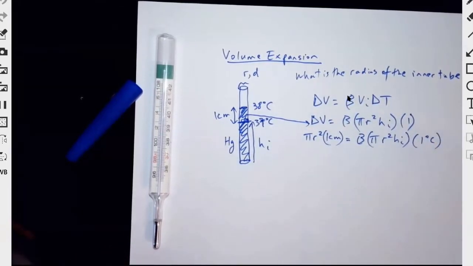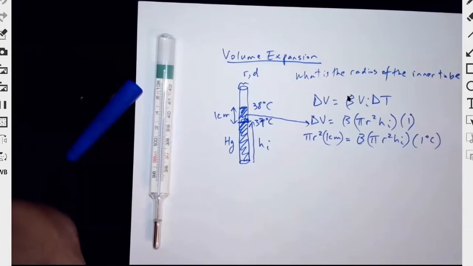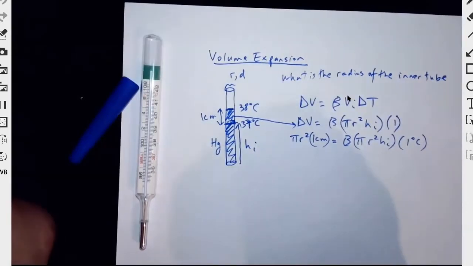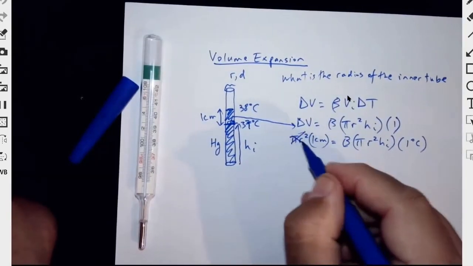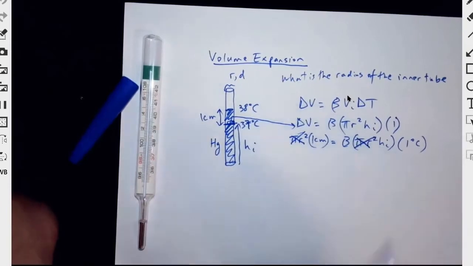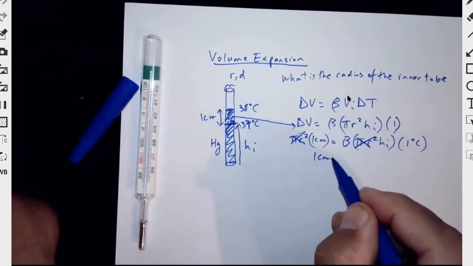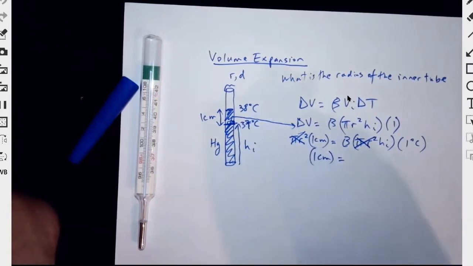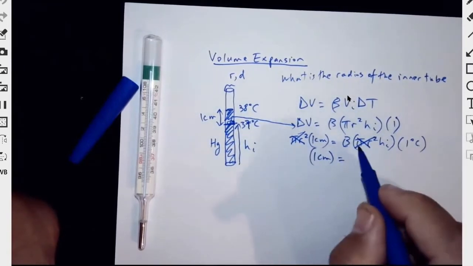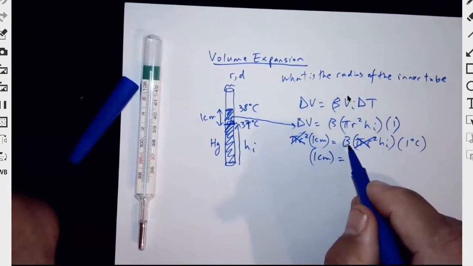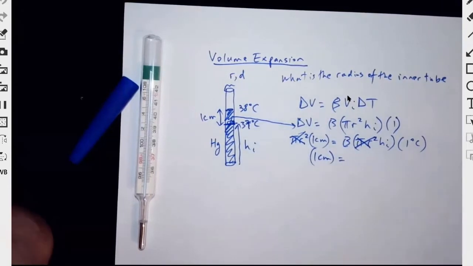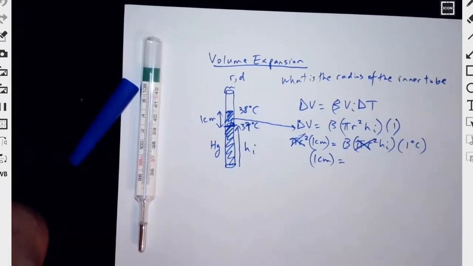That is 1 centimeter. So then this one cancels this one, right? And then you have here 1 centimeter. And beta is the beta of mercury. So let's look up the beta of mercury.